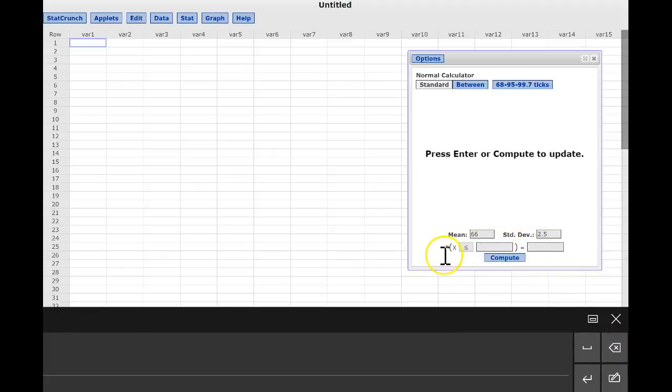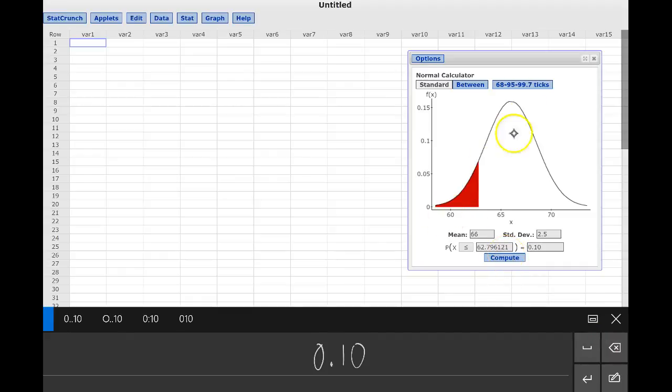But I know that the probability of a woman being less than whatever this value was, the 10th percentile, is 0.10. It didn't take that at first. 0.10, there we go. And then I just push compute, and voila. This looks a lot like the graph I had before.